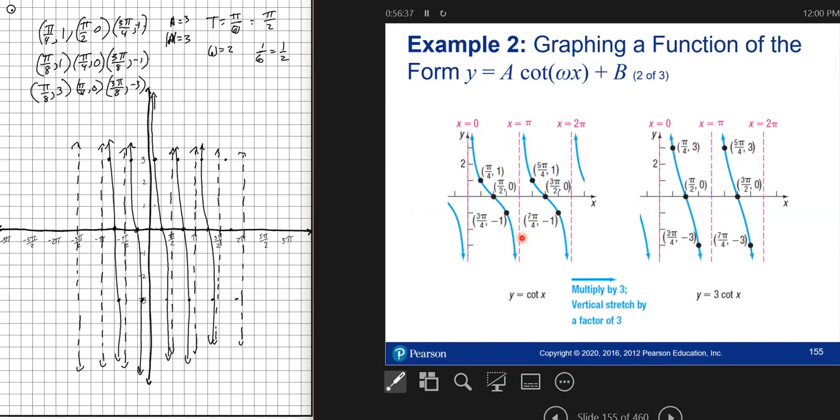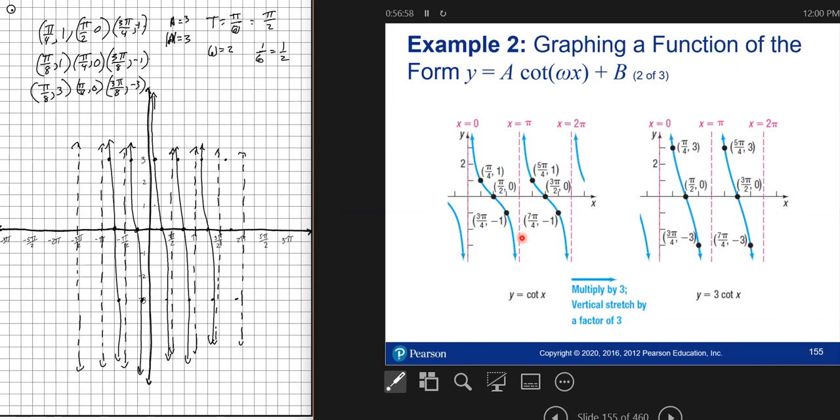So they did the vertical stretch first, where I did the horizontal compression first. Well, did they? Yeah. They do the horizontal compression second, where I did it first.